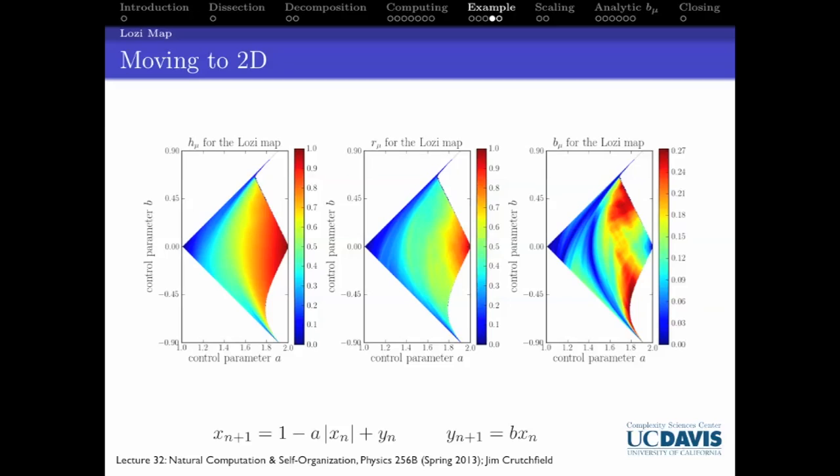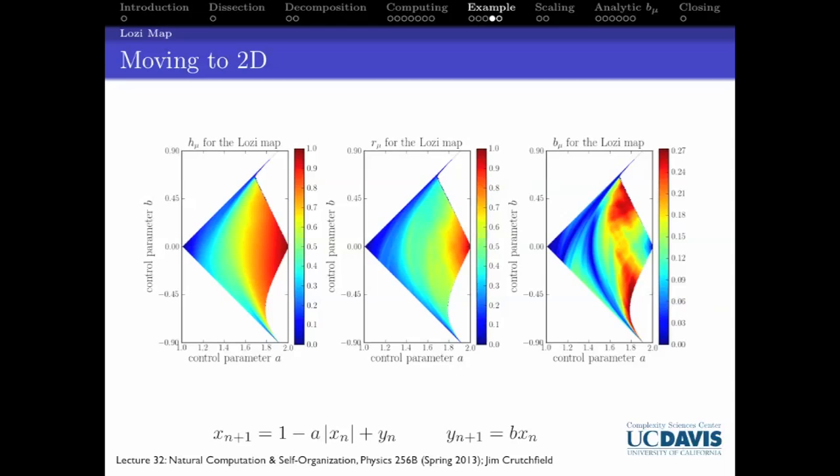Because over here, where B_mu is small, we know all of our behavior is R_mu, and that's just ephemeral. There's no structure going on, just random number generation. Whereas in these areas where B_mu is large, we have lots of correlation between the observations, and so there's some kind of internal computation and structure being performed.